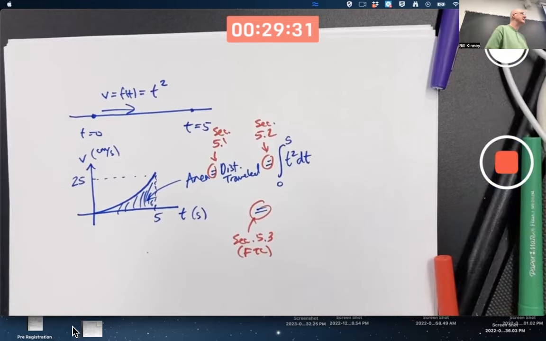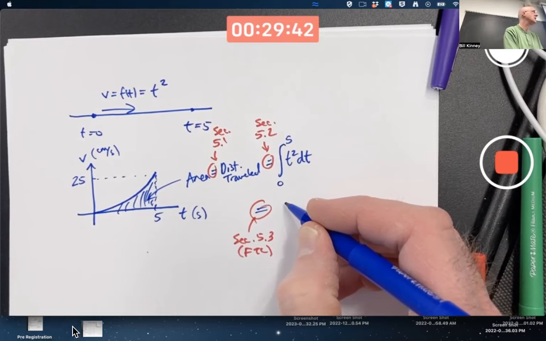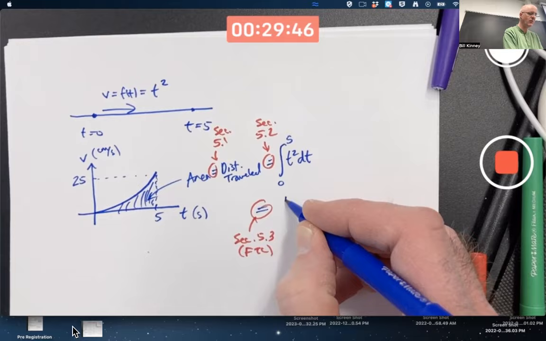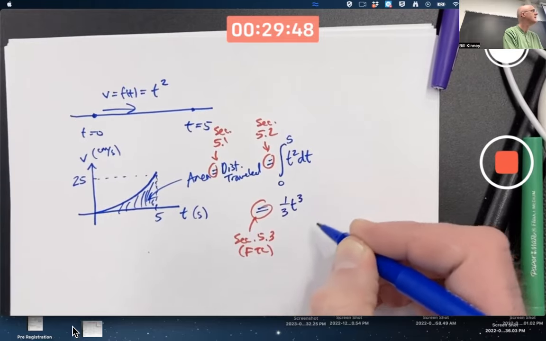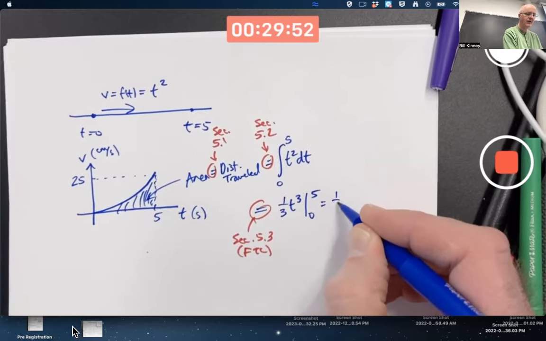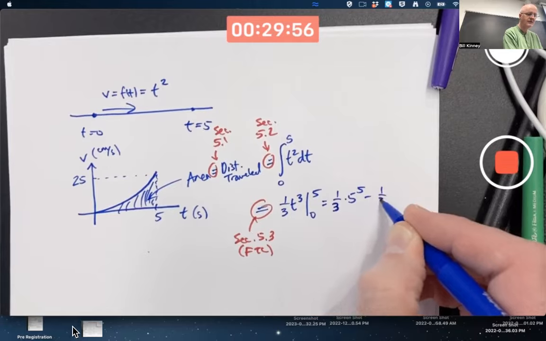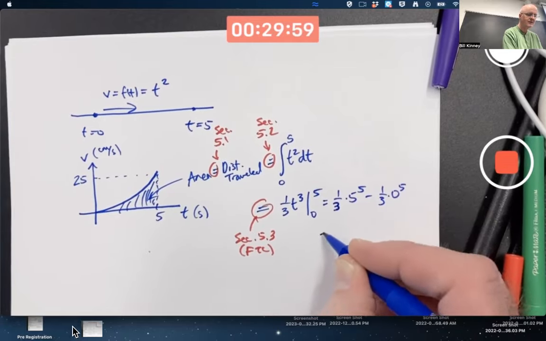Find an antiderivative of t squared. Plug in 5, subtract what you get when you plug in 0. What's an antiderivative of t squared? It's got to involve a t cubed. You did okay on this on the last exam. The answer is going to be 1/3 t cubed. You evaluate from 0 to 5, which means you get 1/3 times 5 to the 5th minus 1/3 times 0 to the 5th.